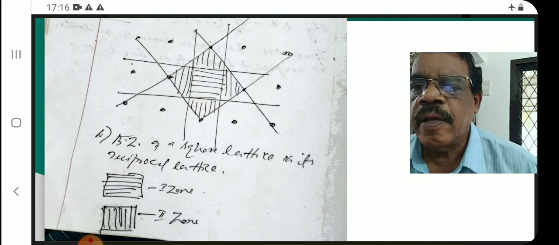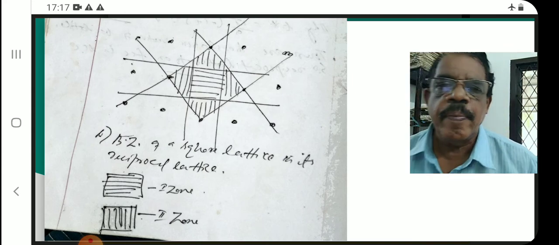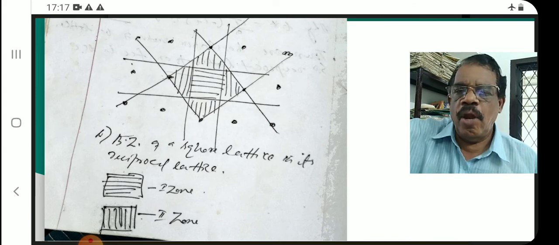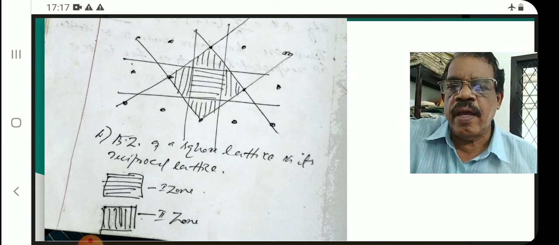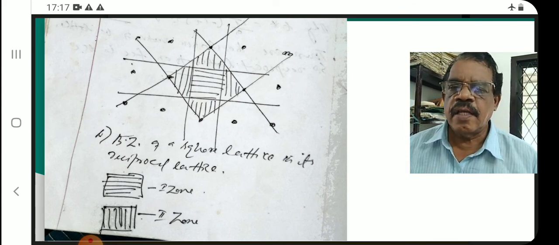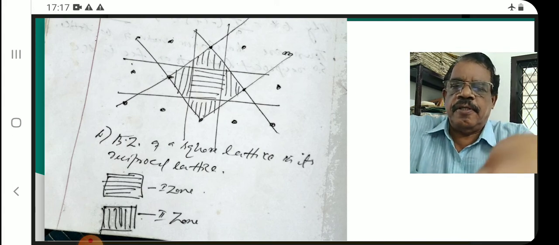So this figure represents the Brillouin zone of a square lattice in its reciprocal lattice.